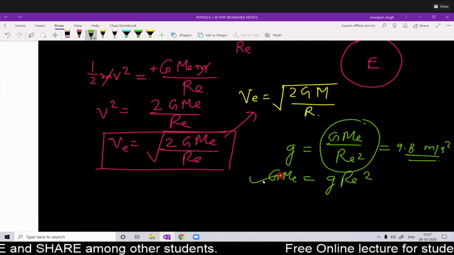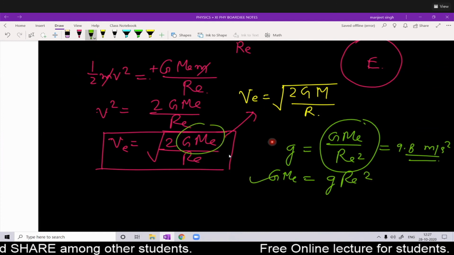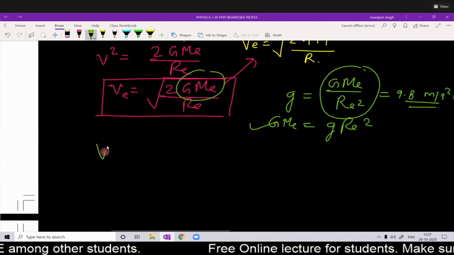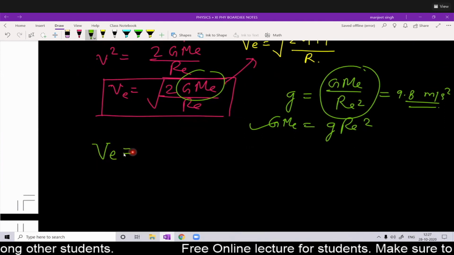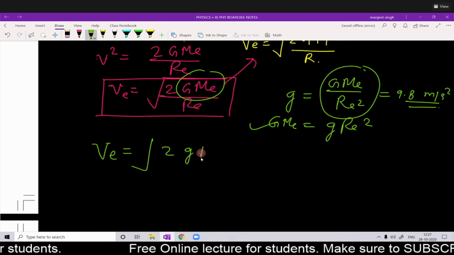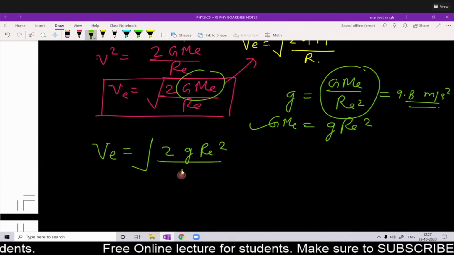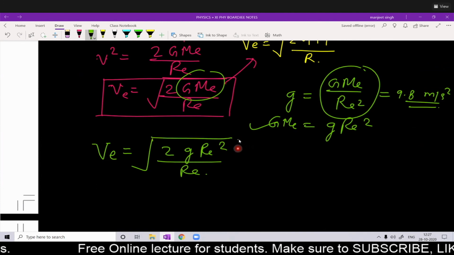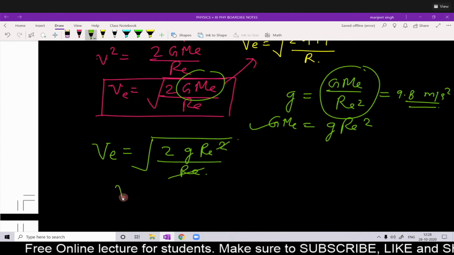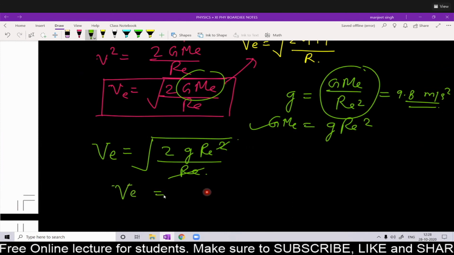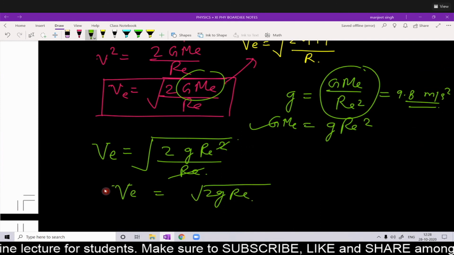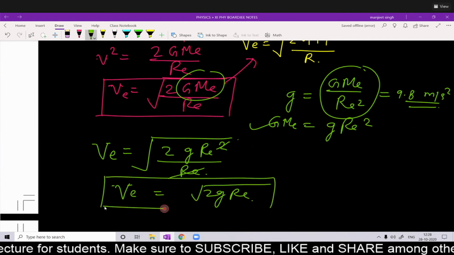Now we put this value over here. If you put the value here, we get another expression for the escape velocity. So you write under root 2 g R_E square upon R_E. So one R_E cancels out, and we get the escape velocity v_e equal to under root 2 g R_E, another formula for the escape velocity.